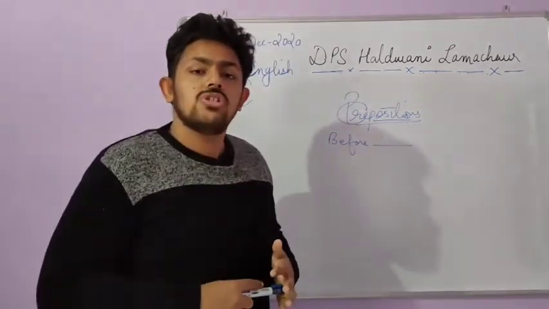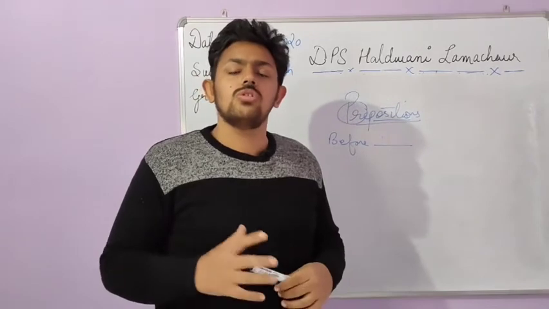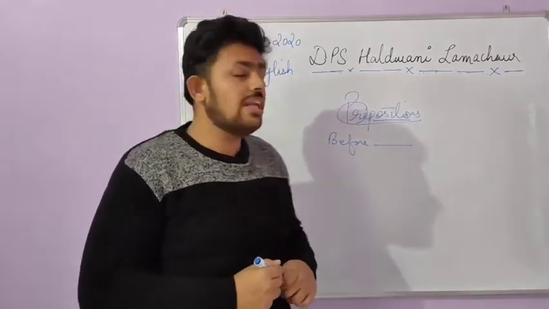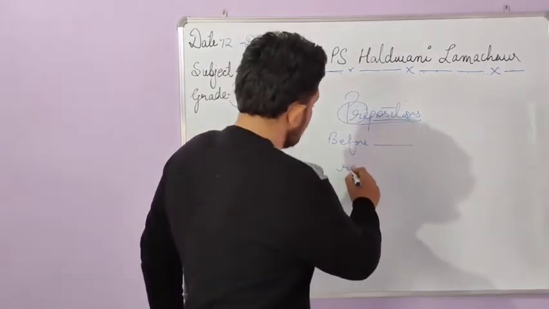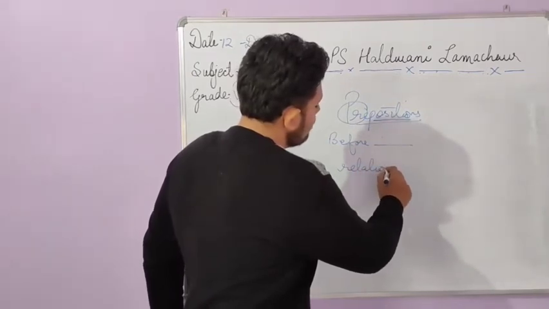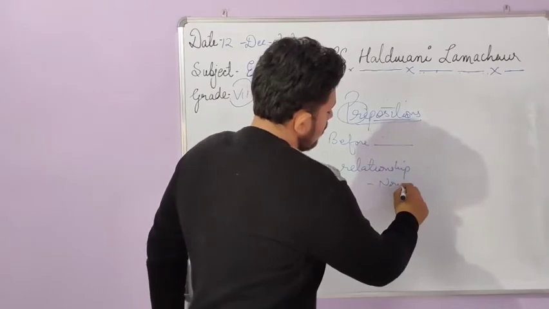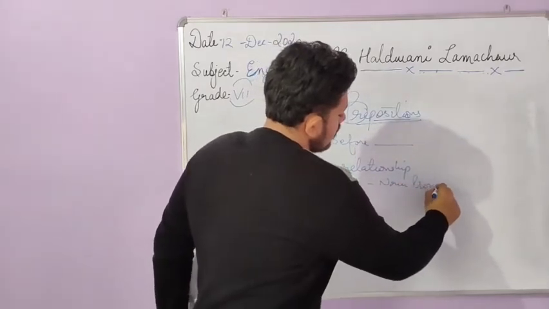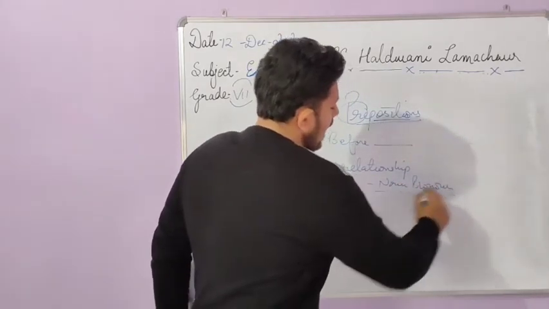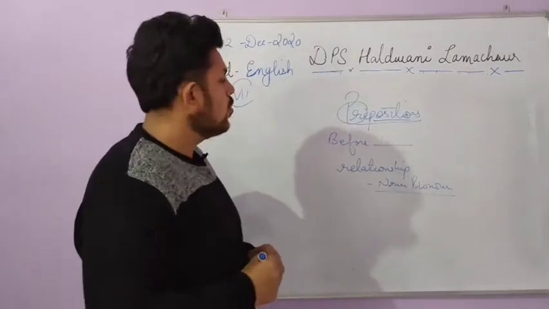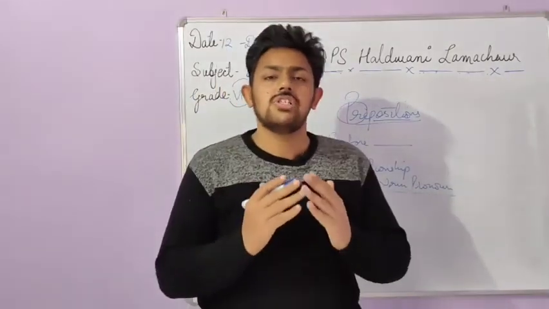How? Prepositions are the words which are used to show the relationship between a noun, pronoun, or any other such word. So a preposition shows the relation.